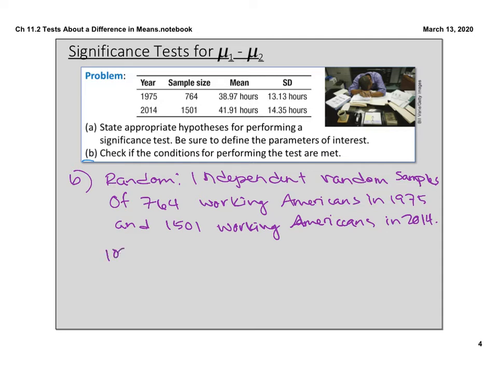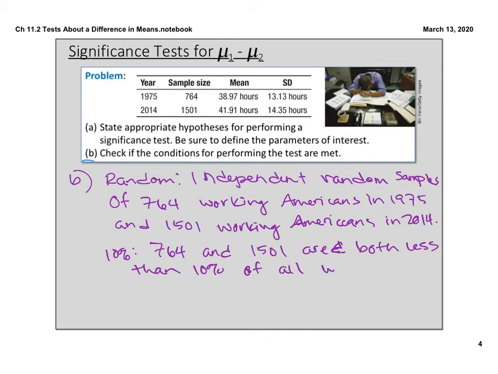Then 10%. 764 and 1,501 are both less than 10% of all working Americans in 1975 and 2014, respectively.